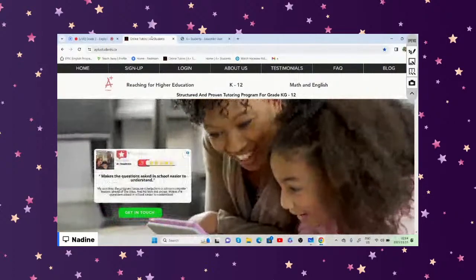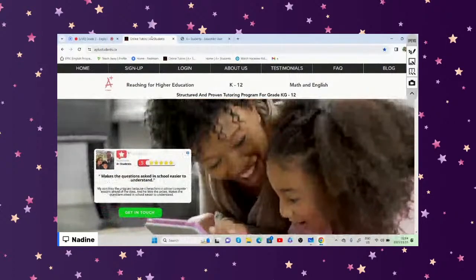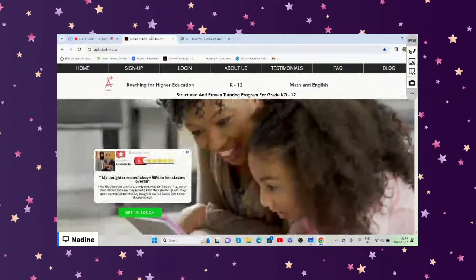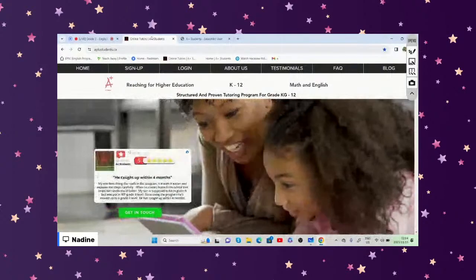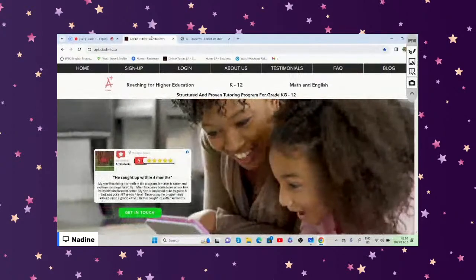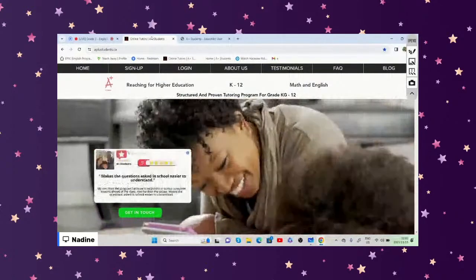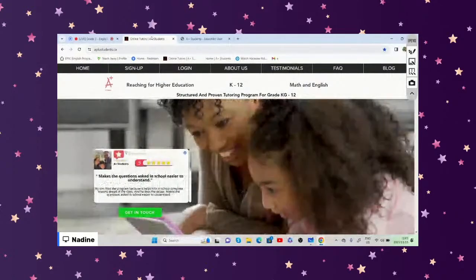Once we've logged into aplusstudents.ca with our username as well as our password, we are going to select the subject of language arts and then grade 3.